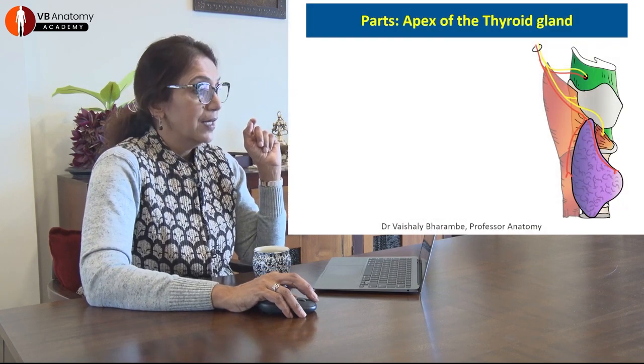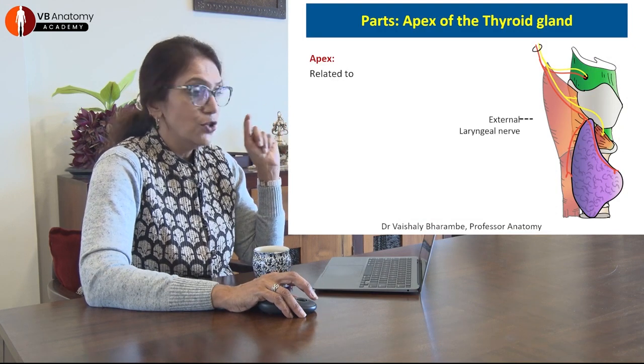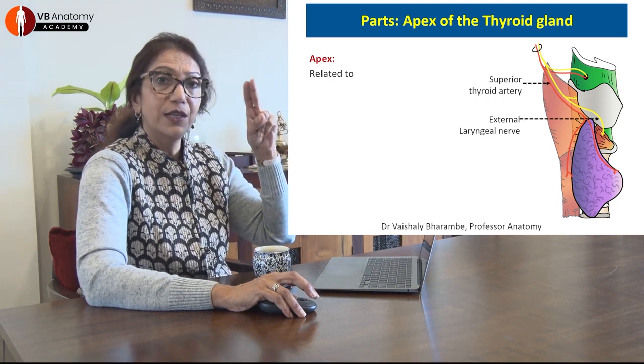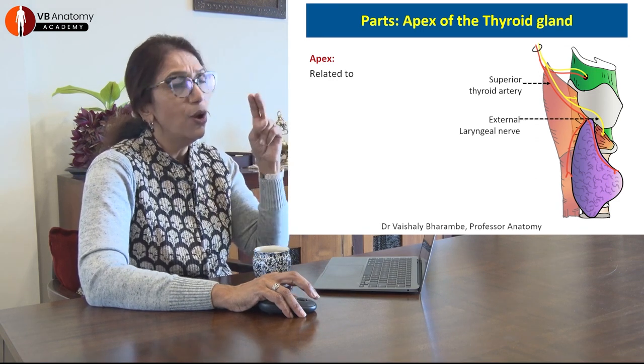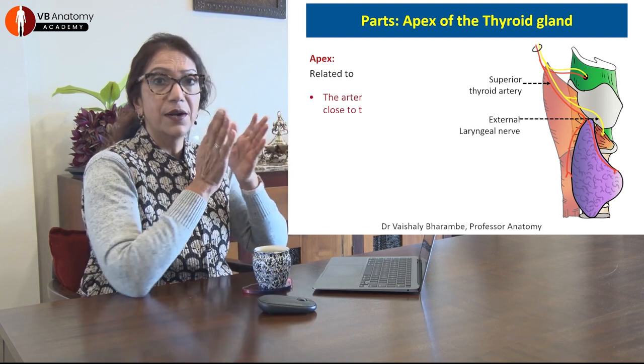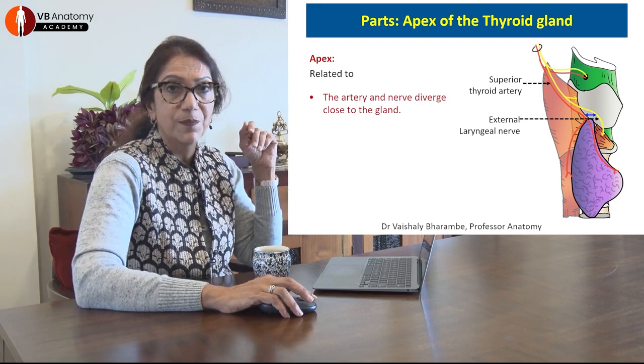Right. Another thing to note about the apex. The apex of thyroid gland is related to external laryngeal nerve and superior thyroid artery. It's related to both these structures, which are always traveling together. But when they come close to the gland, the artery and the nerve slowly diverge. Artery goes superficially, nerve goes deep. Okay.